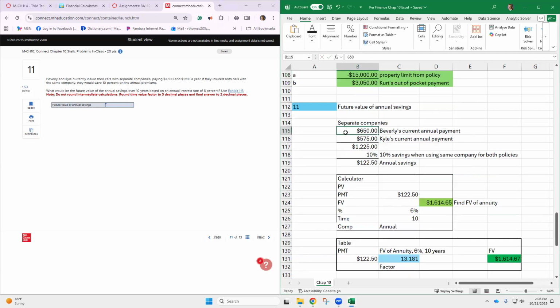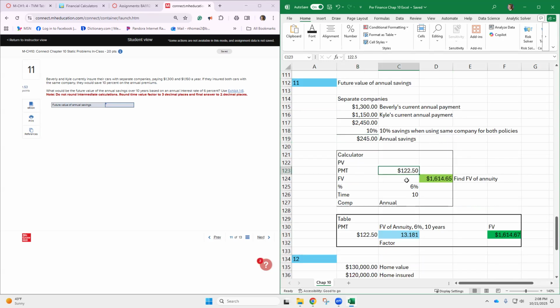Okay, so let me put in Beverly's plan is $1,300. Kyle's plan is $1,150. So we've got $2,450 altogether. 10% is an annual savings of $245.